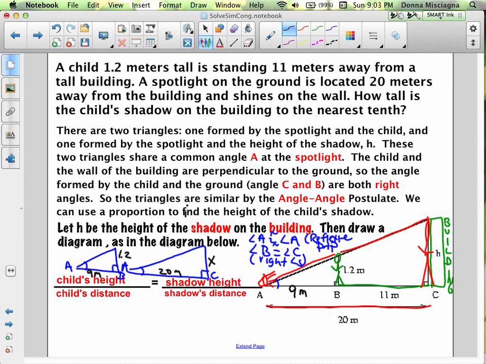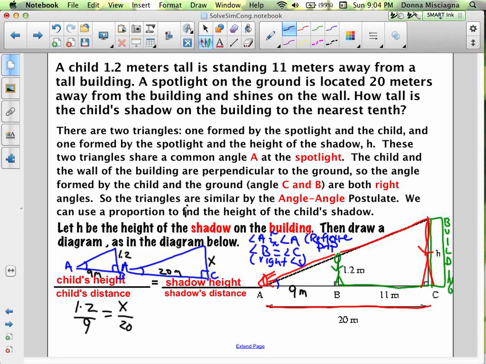All right, so child's height, 1.2. Child's distance is 9. One of the reasons I'm keeping it just like this is I usually like to have my unknown in the numerator. Not that it makes any difference at all. Shadow height is not known, and shadow distance is 20 meters. All right?